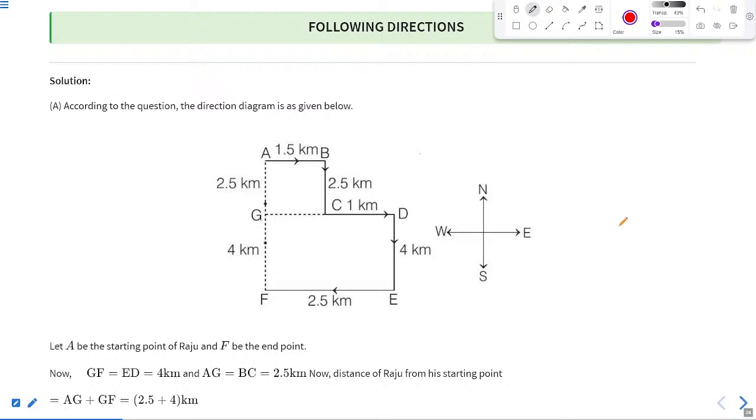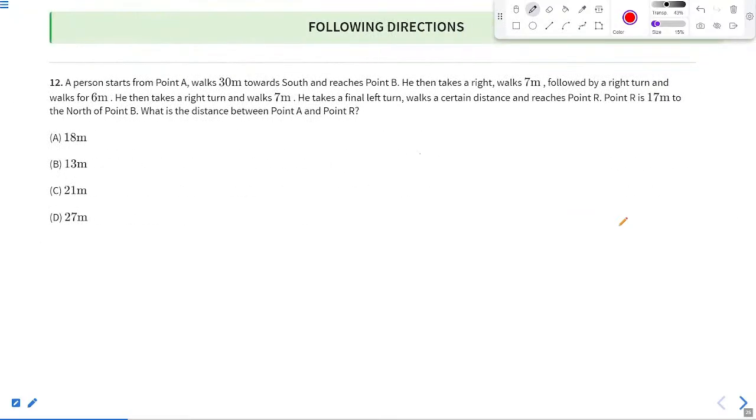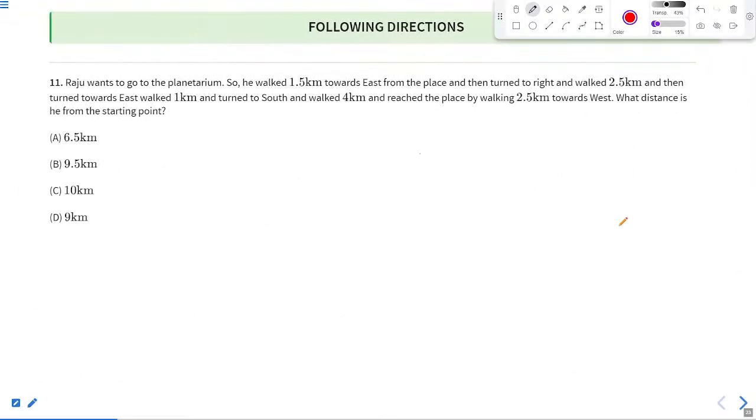So the total distance moved towards east will be 1.5 plus 1, that is 2.5 kilometers. And the total distance he moves west is 2.5 kilometers, that cancels out. Total distance moved towards south is 2.5 kilometers, B to D, plus D to E 4 kilometers, that is 6.5 kilometers. So the answer is 6.5, i.e. A.